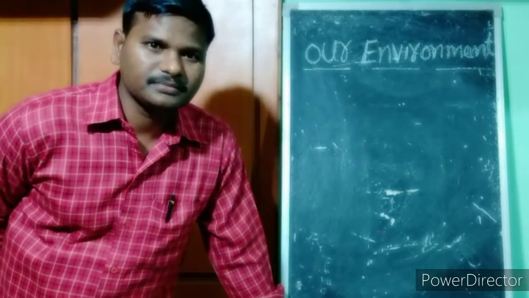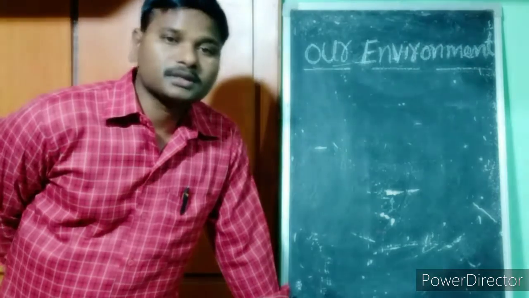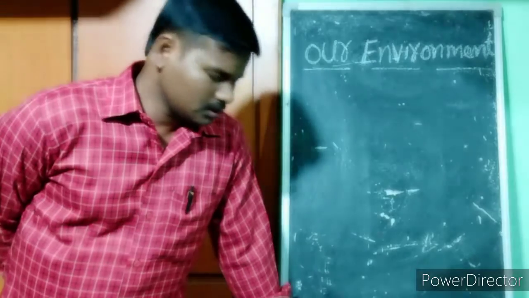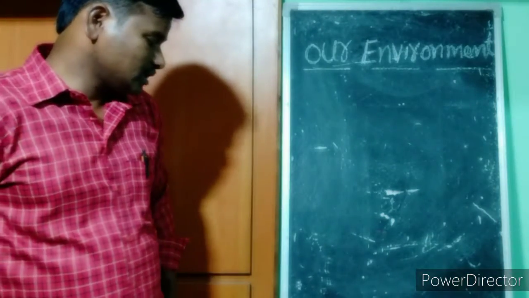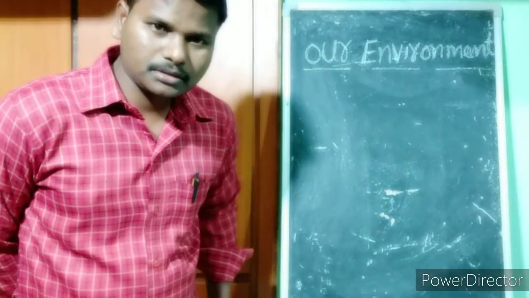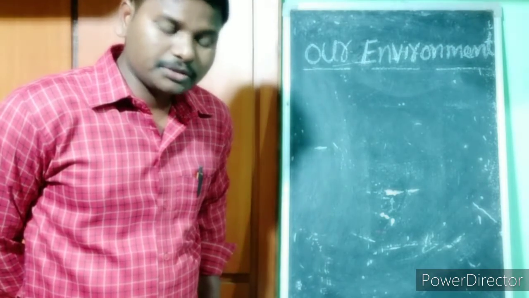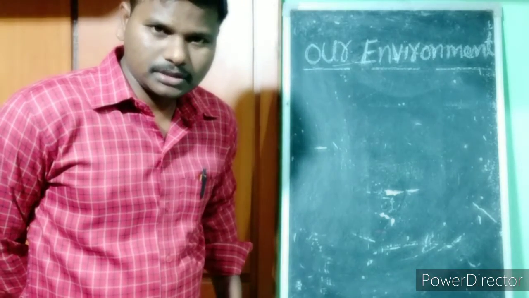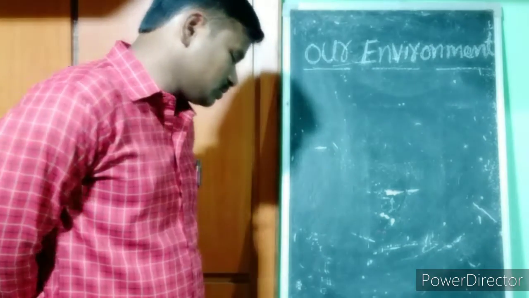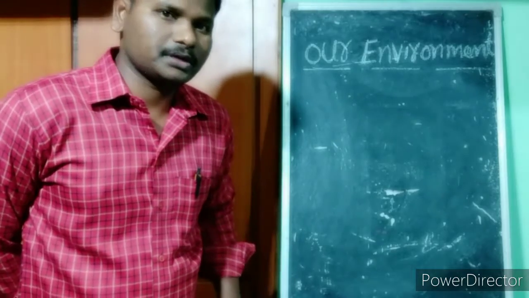Hi students, in the previous class we learned about the natural environment, which is divided into biotic and abiotic. Together we call these the domains of the earth. In the domains of the earth we learn about the lithosphere and the hydrosphere.